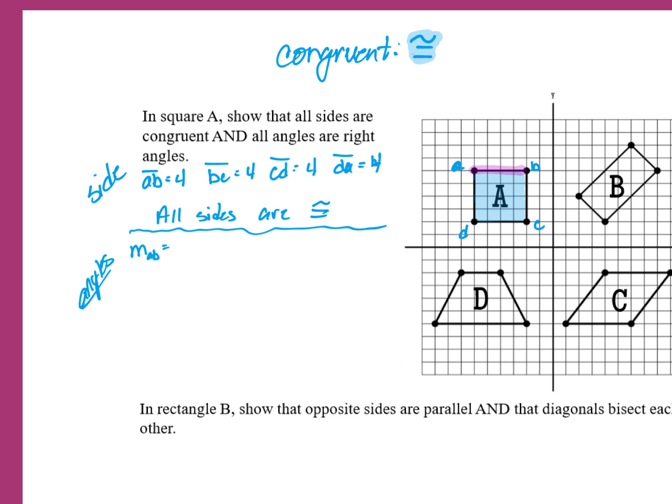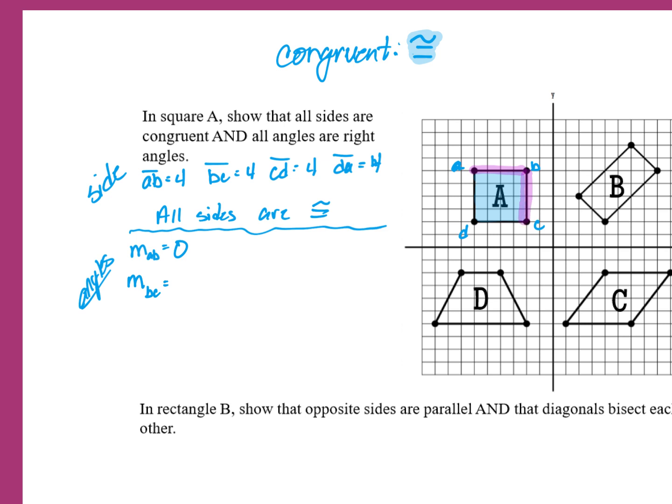Horizontal's laying down, vertical standing up. So it's horizontal. What's the slope of a horizontal line? 0. Awesome. You guys know. Let me go back to a pen. 0. Awesome. So what's the slope of BC? What type of line is BC? This one right here.